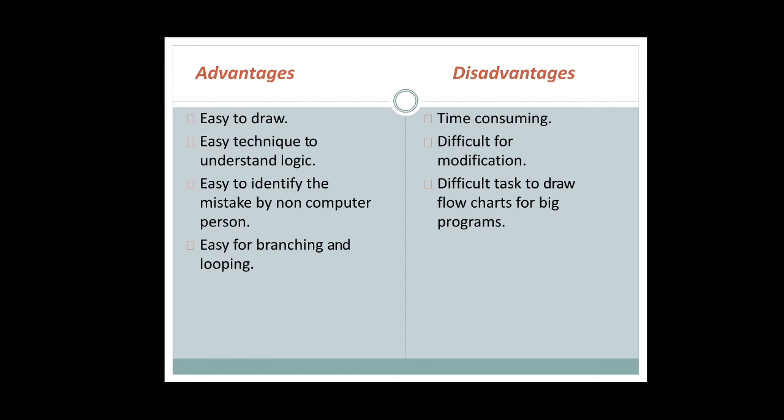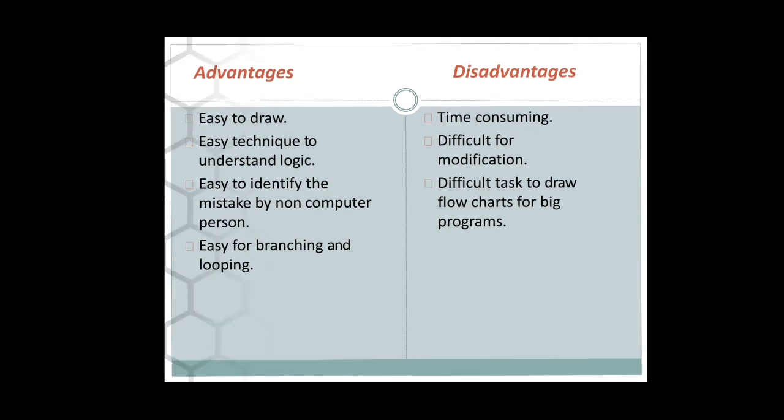First one is time consuming, because for each and every program a flowchart should be written in the form of symbols. Difficult to modify, because we already did it in symbols. It is a difficult task to draw a flowchart for big programs.